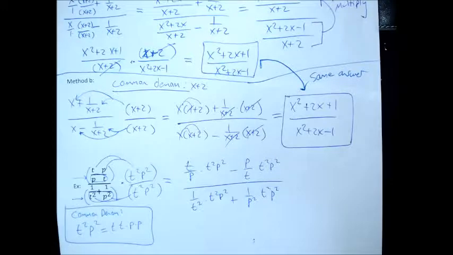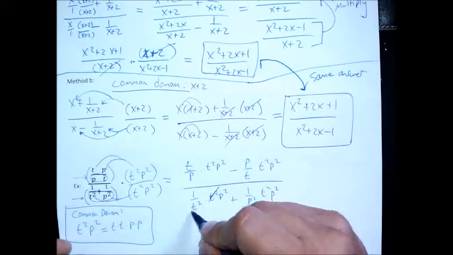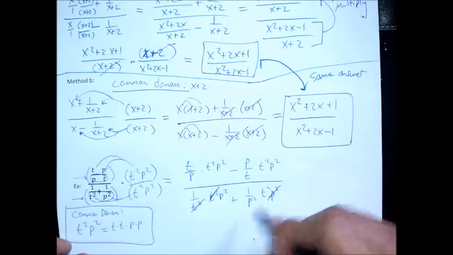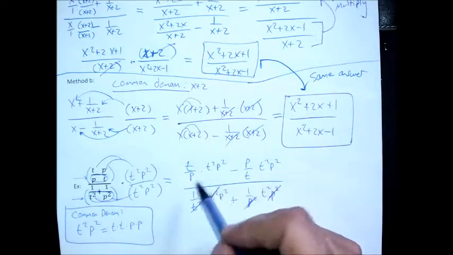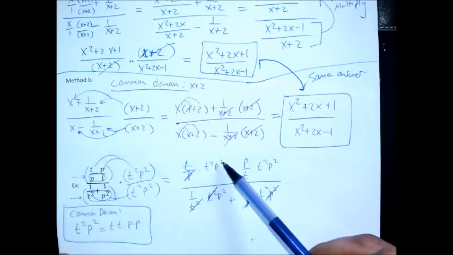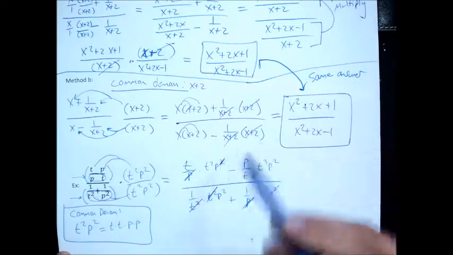At this point, hopefully you can see that everything's going to cancel. First of all, in the denominator, the t squareds will cancel, but we still have a p squared. And then the p squareds cancel, and we still have a t squared. But in the numerator, we're going to be left with a bunch of stuff. So the denominators cancel, so this p cancels, but it only cancels with one of the p's. So we'll still have a p left over in this one.